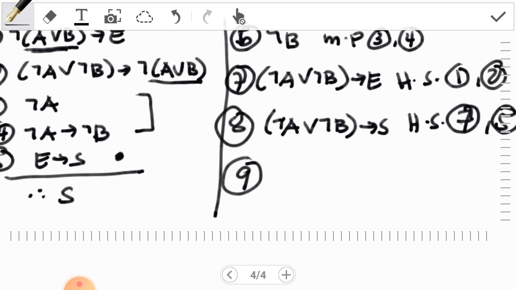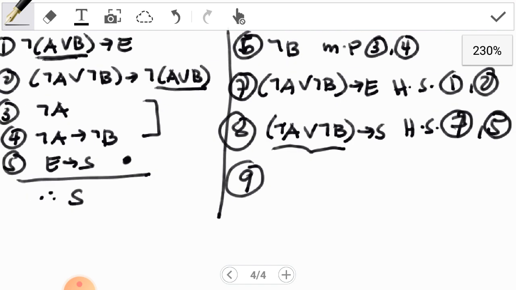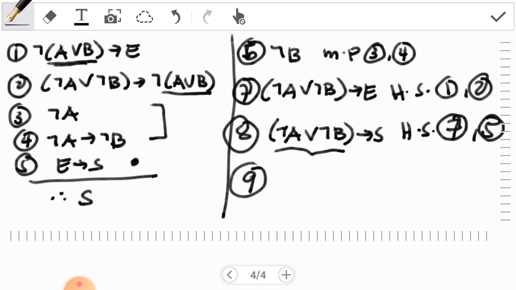Since this is an implication, to be able to obtain S, we need to come up with this proposition, not A or not B. But look at this. In premise number 3, we already have not A. And this is an OR. So, using addition, we get not A or not B.